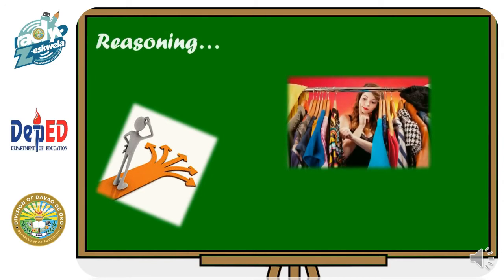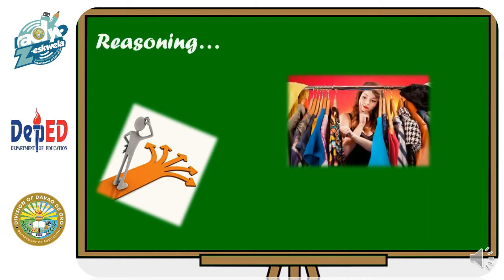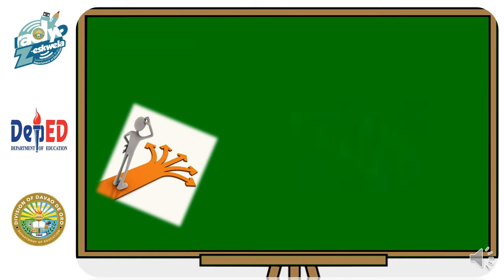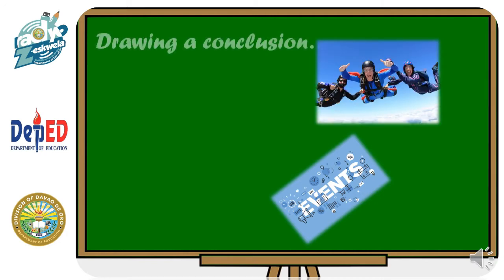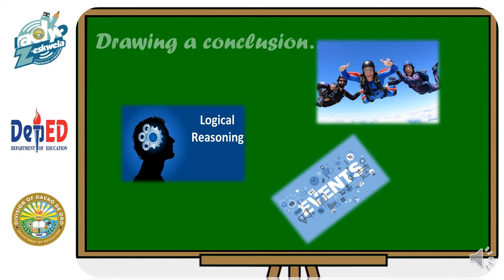In deciding to do certain things, our decision is grounded in reasons. Drawing a conclusion from events, experiences, and logical reasonings are also part of scientific methods among scientists and mathematicians in order to formulate general view and greater knowledge.